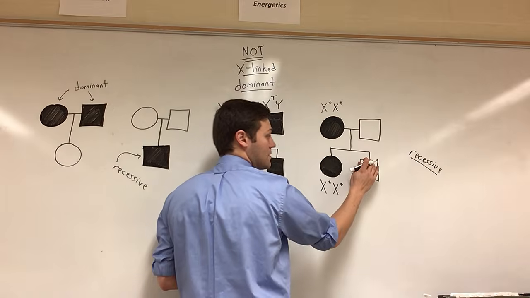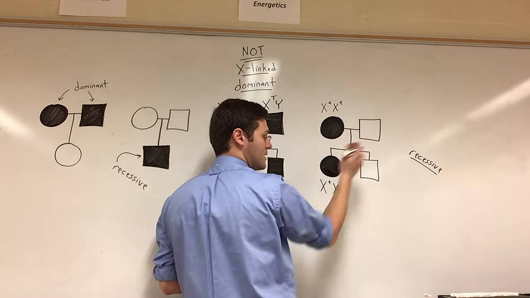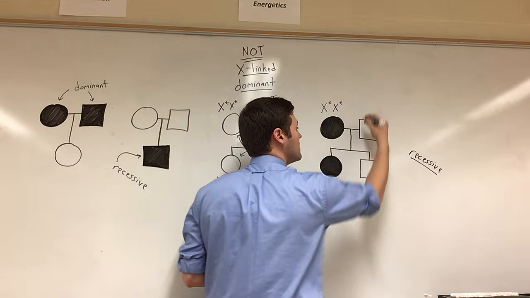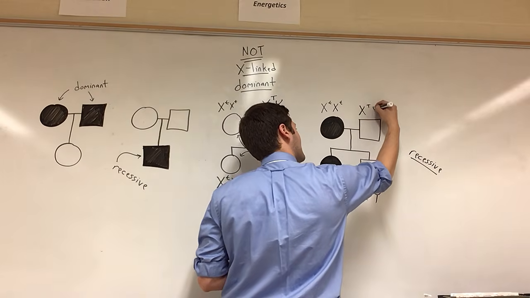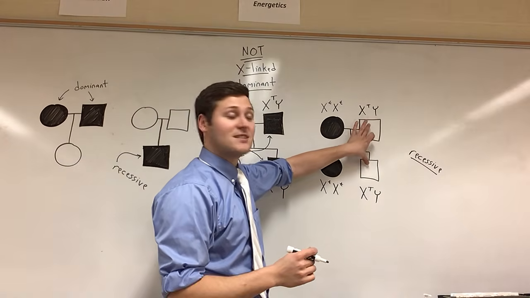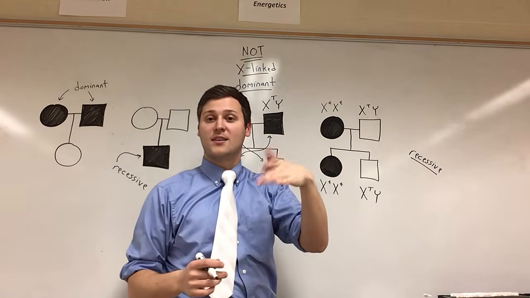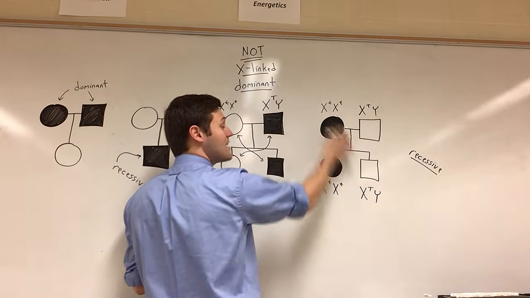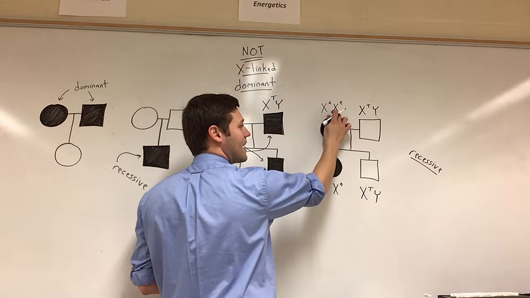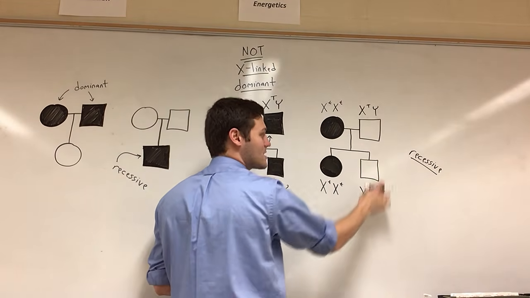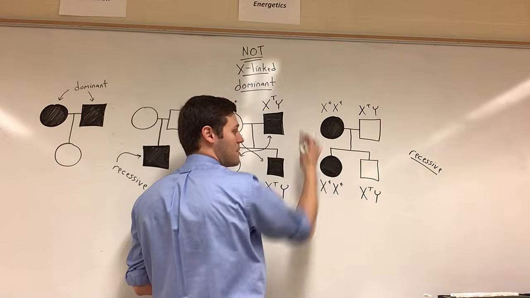And so the two gentlemen here would have to be X big T, Y, X big T, Y, because if they're not shaded in and this is an X-linked recessive trait, then they have to have the dominant trait. So X big T, Y. Now, again, this is not possible because X little t could not make an X big T son, because the Y is coming from the father, and the X is coming from the mother.